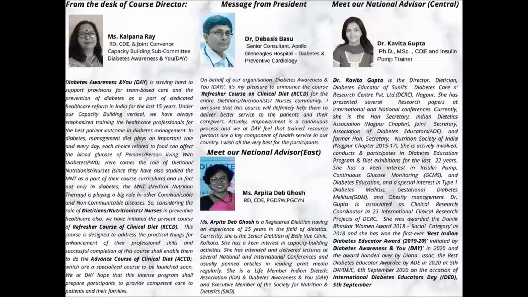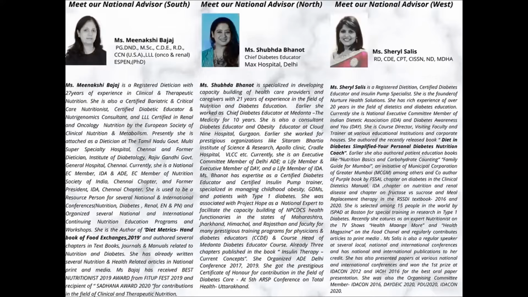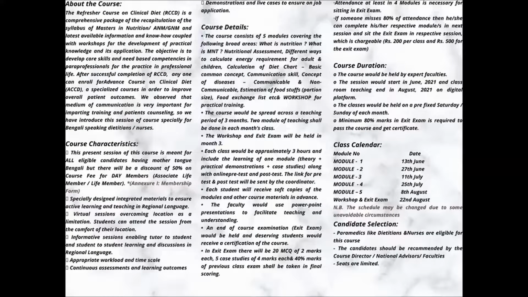Course director Kalpana Ray, our joint convener of capacity building subcommittee. There will be 5 national advisors from 5 parts of India. There will be 5 modules and a workshop and exit exam.